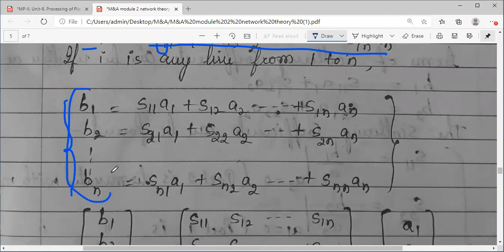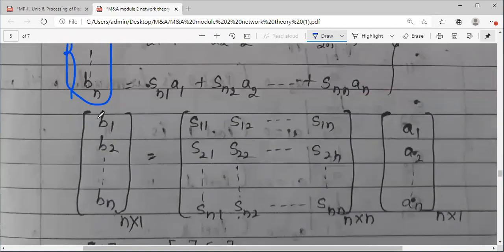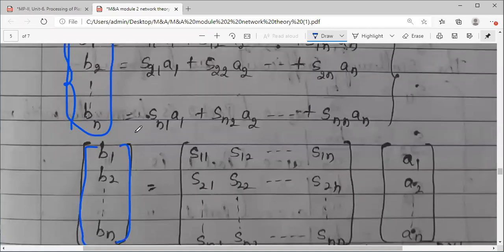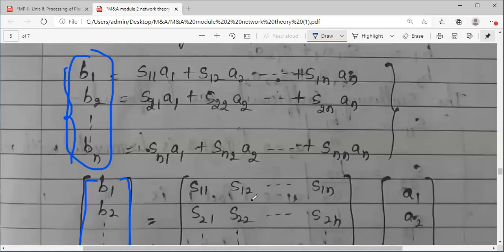Let me collectively put the left-hand sides in the form of a column matrix. These equations I can also find by using the matrix form.